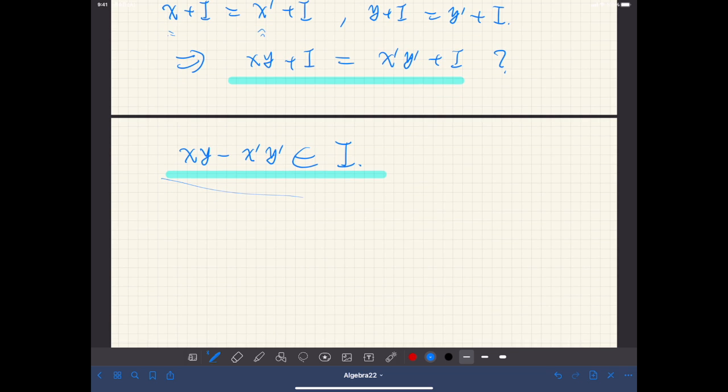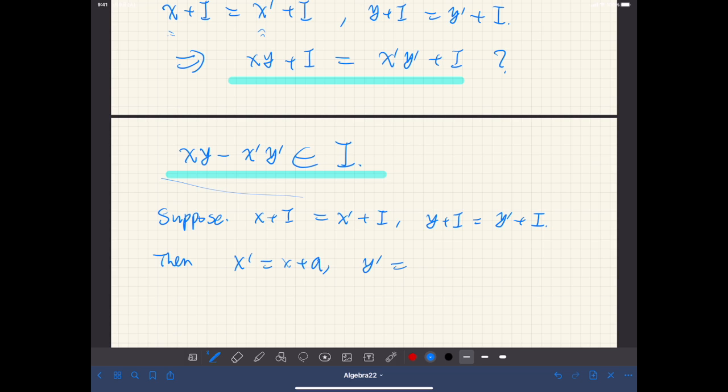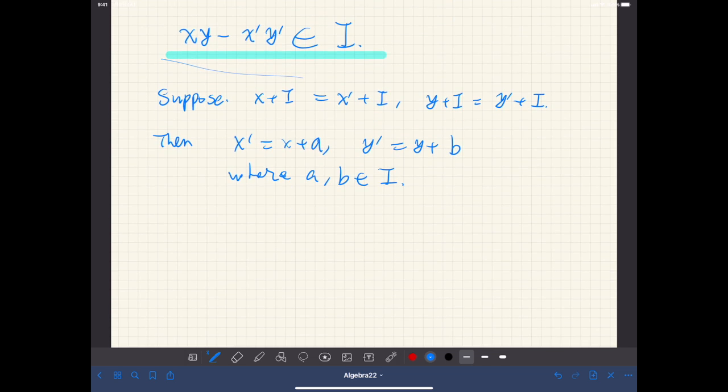So suppose x plus I is equal to x prime plus I, and y plus I is equal to y prime plus I. In this case, x prime is equal to x plus A, and y prime is equal to y plus B, where A, B are elements of this ideal.